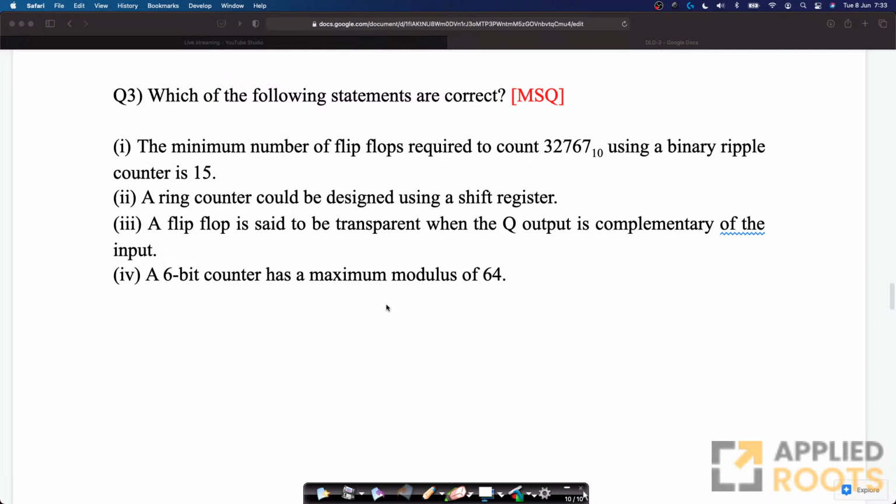This is an MSQ, so please think about it.